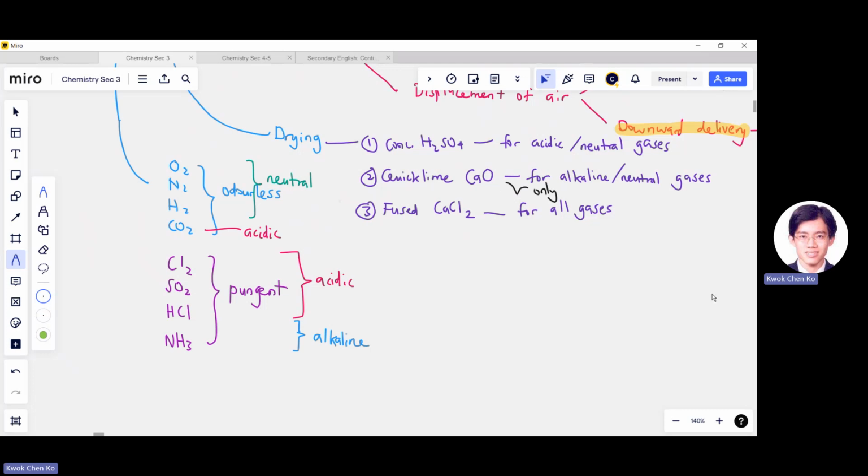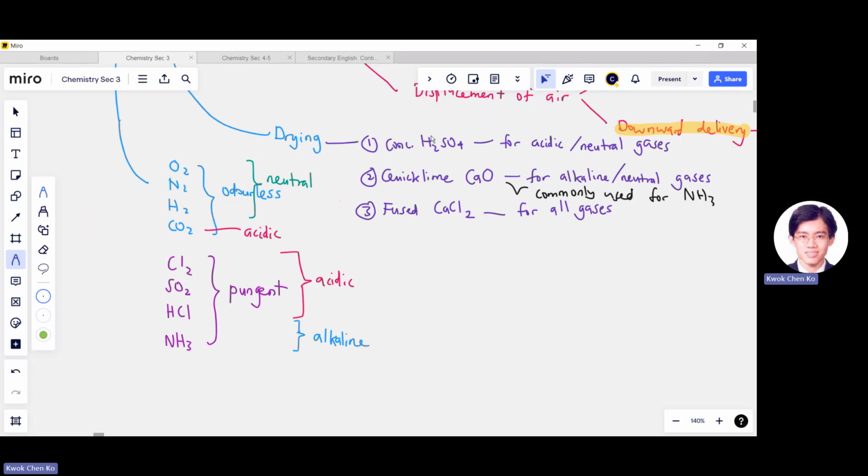Okay, I mean not only one gas, but specifically it's commonly used for ammonia. Because ammonia is alkaline. Oh, by the way, CaO or calcium oxide is alkaline. That's why they can be used together.